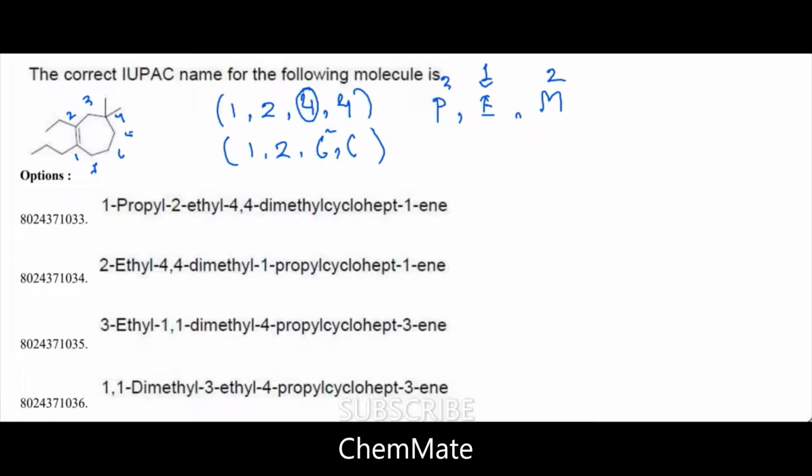So ethyl is in position 2, so the nomenclature will be 2-ethyl, then methyl 4,4-dimethyl, and the propyl is in position 1, 1-propyl.